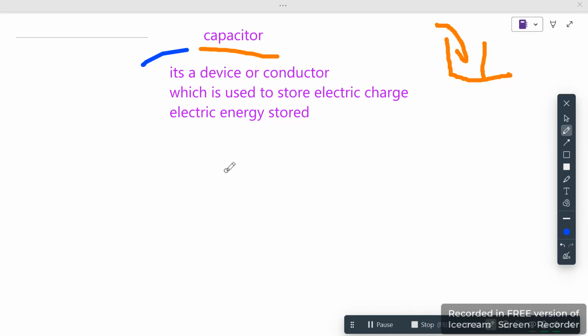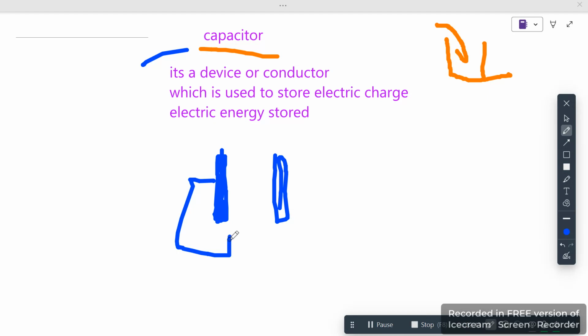Then for the capacitor, we can take an example. If this is a body, then we have the two capacitors here, which are of course attached with the battery.